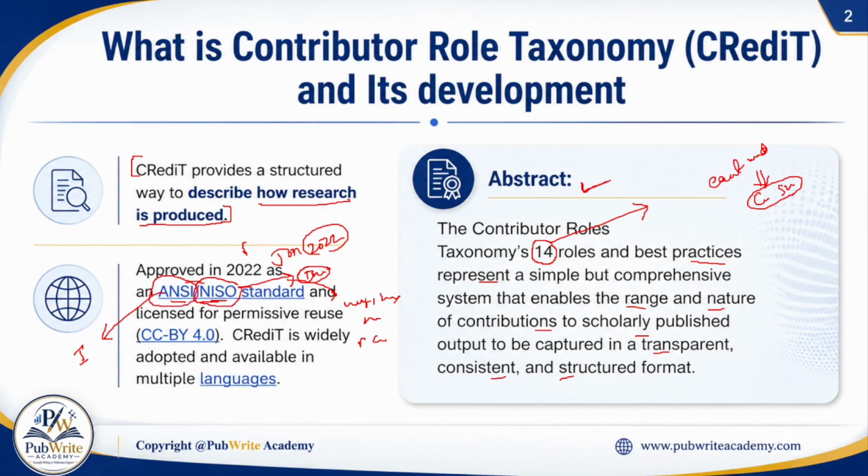So that's how these two work. Whatever NISO develops and ANSI approves is published as an ANSI/NISO standard. So it's a standard that is followed across the United States and some other countries as well.